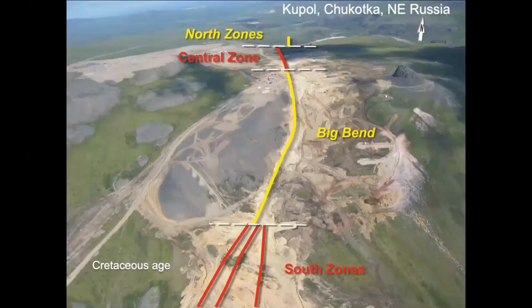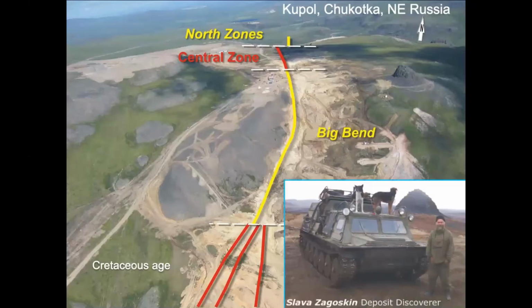So where does this occur? Well, here in northeast Russia, we have a deposit, Kupol, discovered in 1996, right, by Slava Zagorsky.